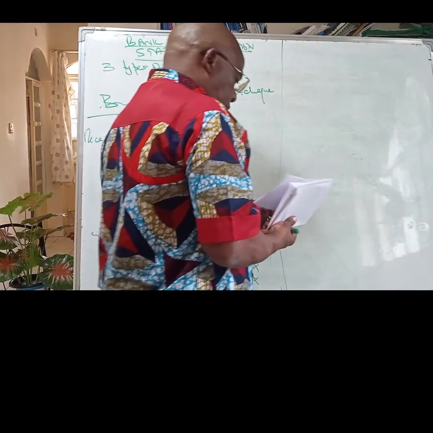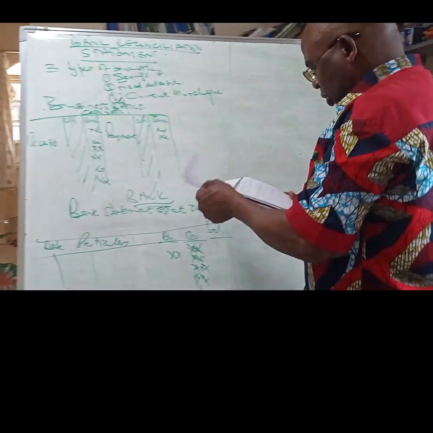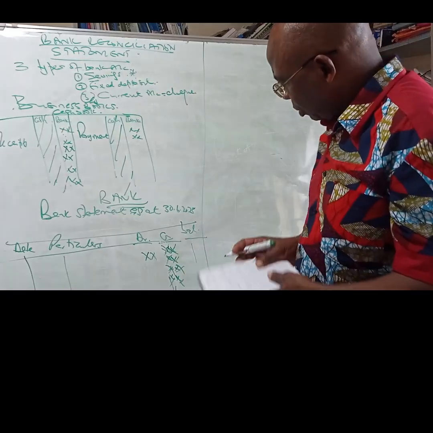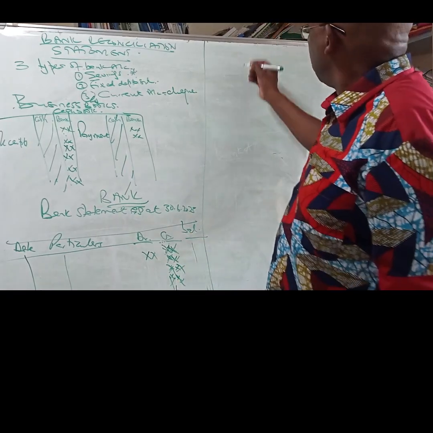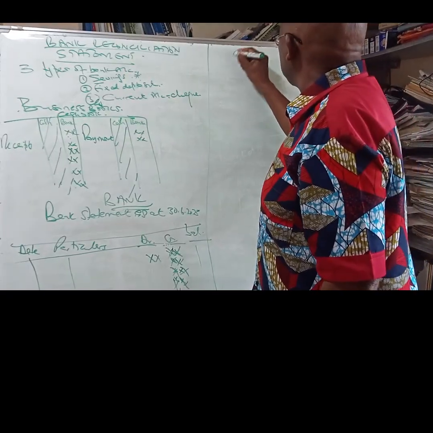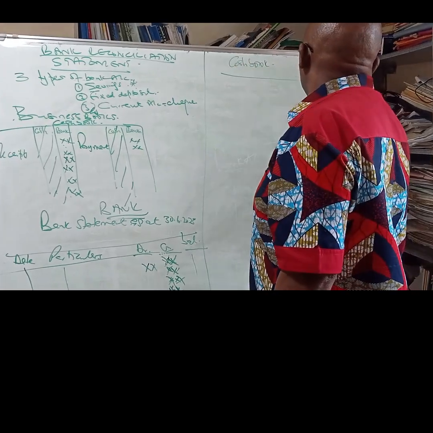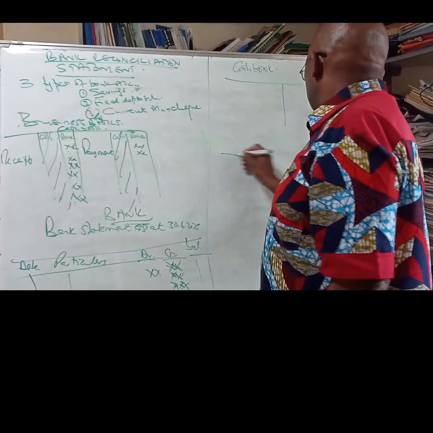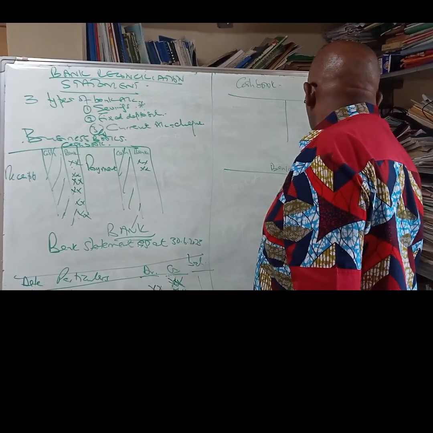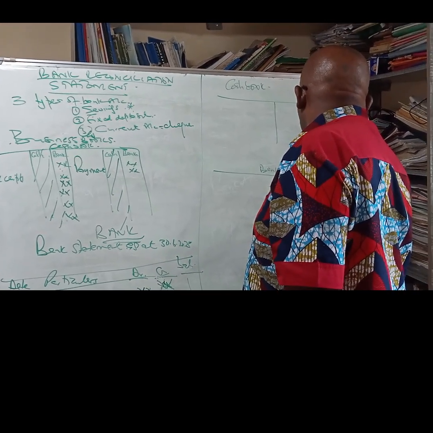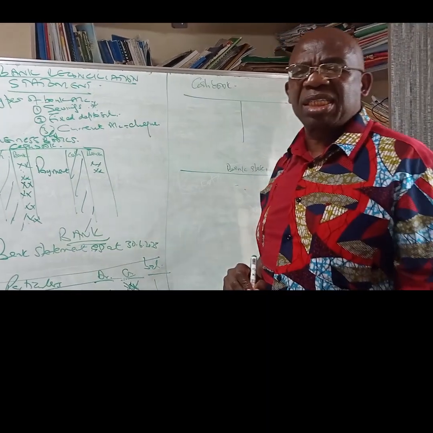Now, what you realize is that if you say cash book, and I now focus only on the bank column, and then we say bank statement. Assume that we start a business by the owner bringing money into the bank, 10,000 shillings.